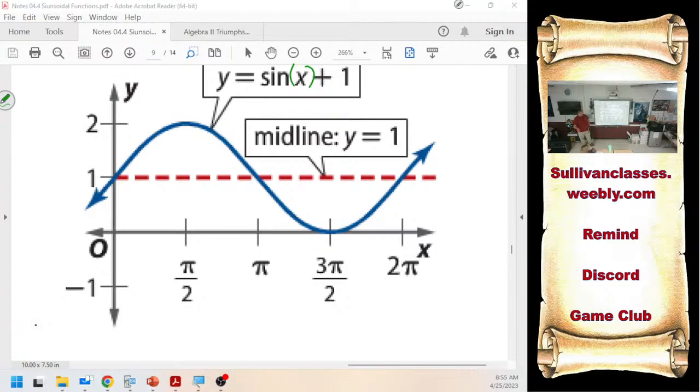What most textbooks want you to do is just like this, make your midline, and then work from there. I would rather just label my axes 1, 2, 0, like that. If I get to label my axes the way I want, this isn't nearly as difficult as they want to make it.